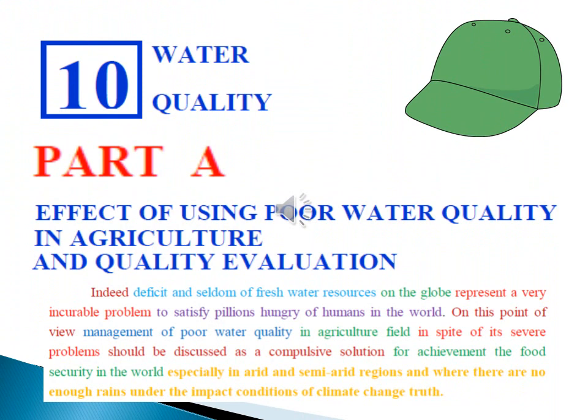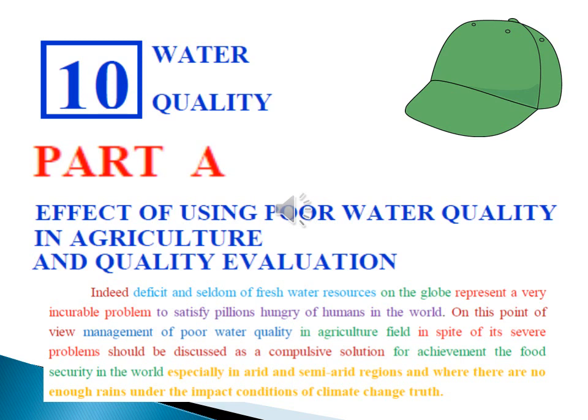My dear, water quality subject. Part A: Effect of using poor water quality in the agricultural field and quality evaluation. Indeed, the deficit and scarcity of freshwater resources on the globe represent a very incurable problem in satisfying billions of hungry humans in the world.